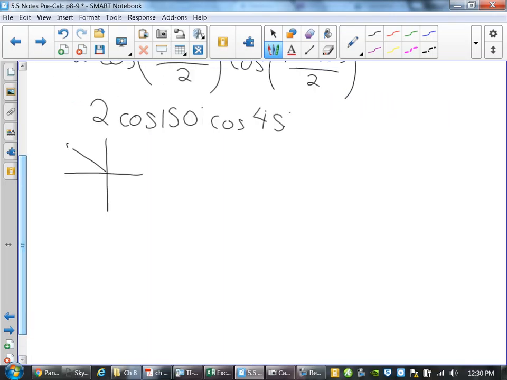It's in the second quadrant. Is cosine positive or negative in the second quadrant? It's negative. What's the cosine of 30? Negative 3 pi over 2. Yeah. Wait, not 3 pi over 2, just negative root 3 over 5.